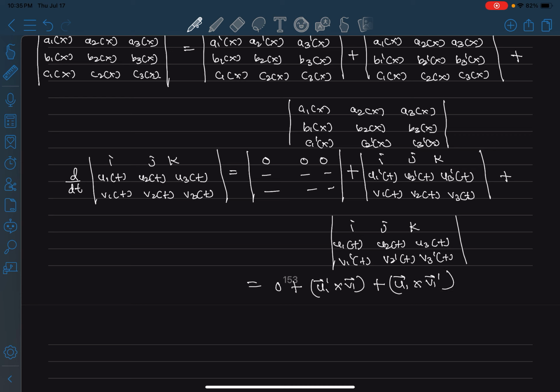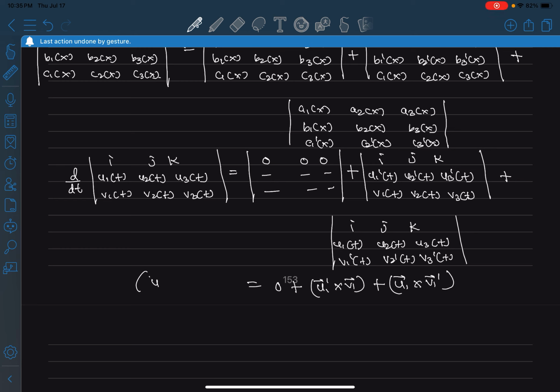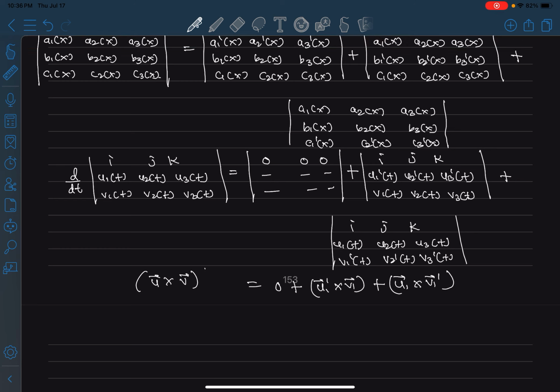So the fact that the derivative of u vector cross b vector is u prime cross b plus u cross b prime is so obvious from the Leibniz formula of differentiating determinant, and that makes this technique so beautiful, that it can literally give some beautiful insights.